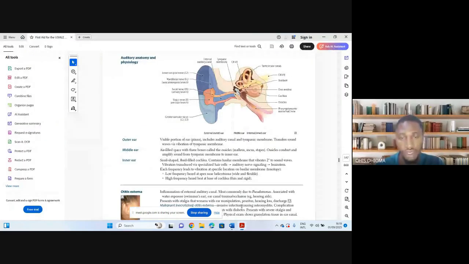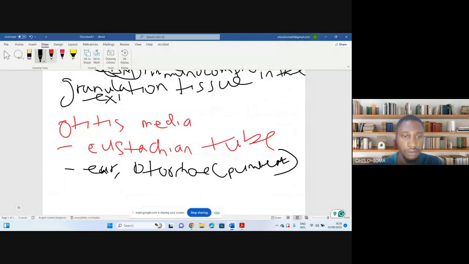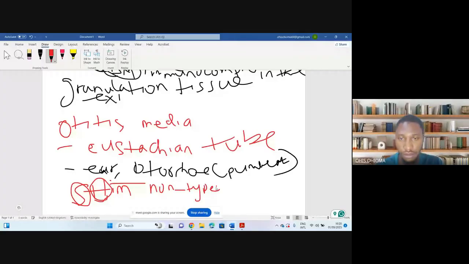And what is also very high yield for you to know in the exam is the organism that causes this disease condition. So I call them the SHAME organisms. This stands for Strep pneumoniae, Haemophilus influenzae, and the type of Haemophilus we're talking about is the non-type B. What it means is that this particular Haemophilus strain is unencapsulated, right?